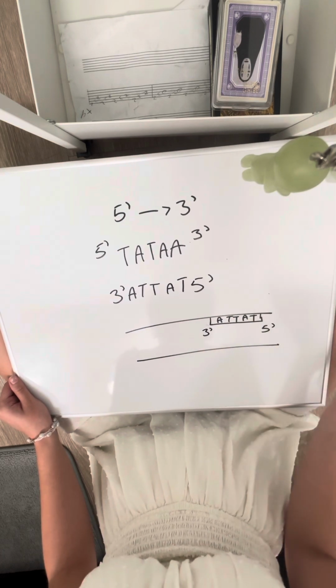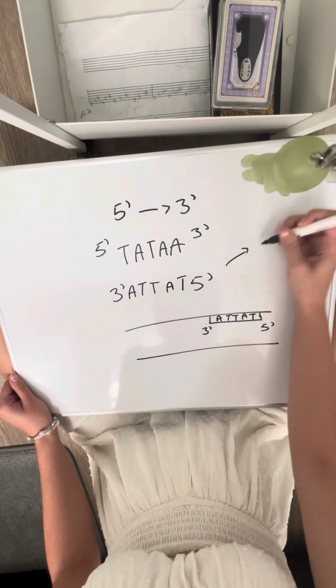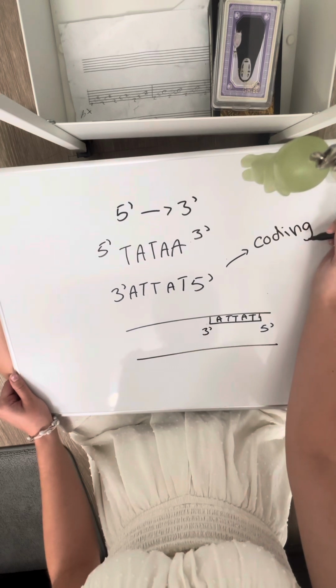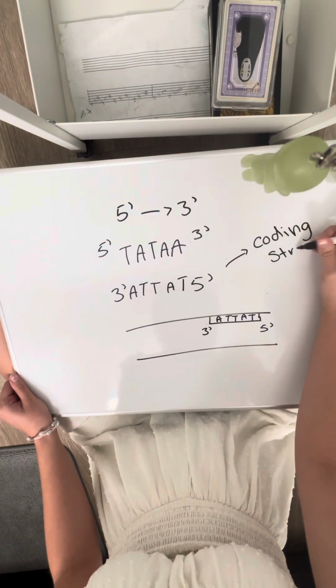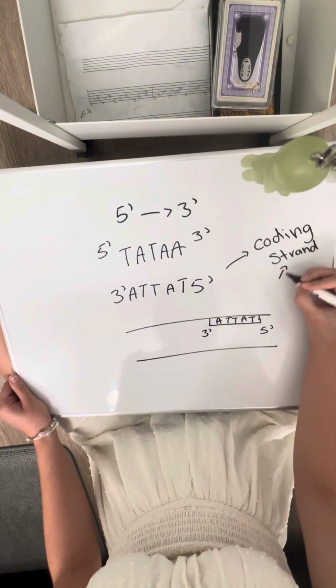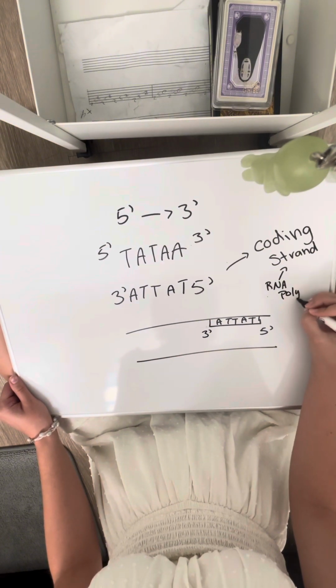T-A-T-T-A. You will note that the TATA boxes only ever appear on the coding strand of DNA. And the coding strand is where RNA polymerase attaches to.